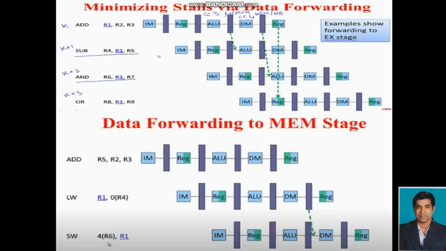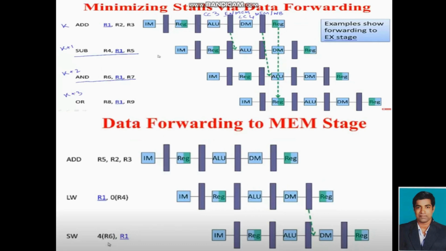For that, we are minimizing stalls via data forwarding. When a stall, delay or bubble is introduced, for the remaining two affected instructions, like subtraction and AND, we do data forwarding.